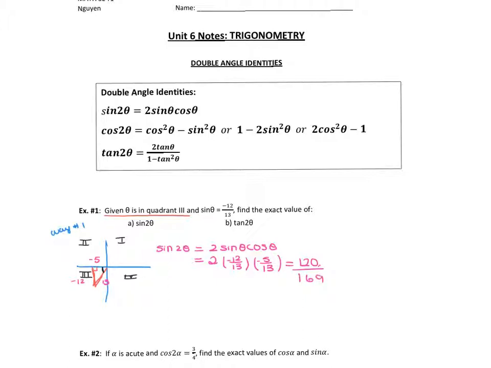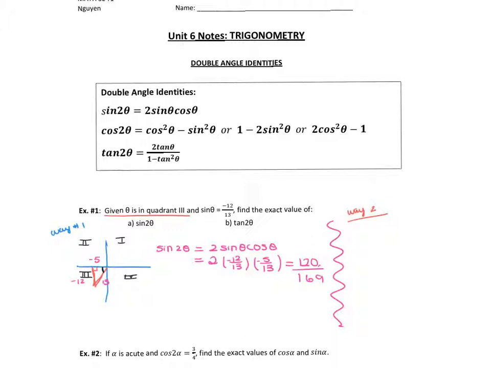Does that make sense? Way 2 is using a trig identity. Sine squared theta plus cosine squared theta is equal to 1. So let's do way 2. So we're going to set it up.